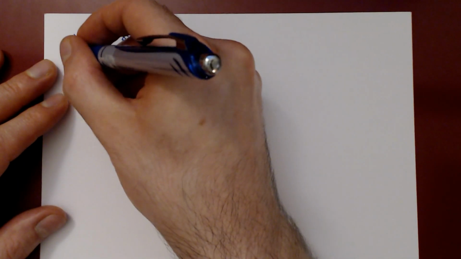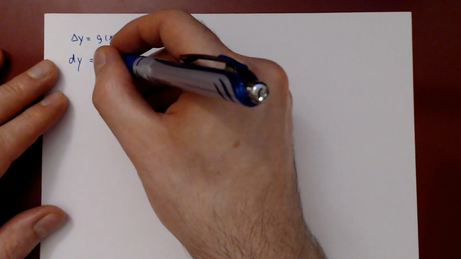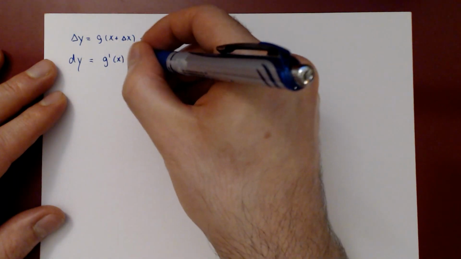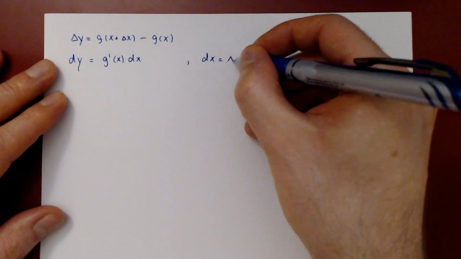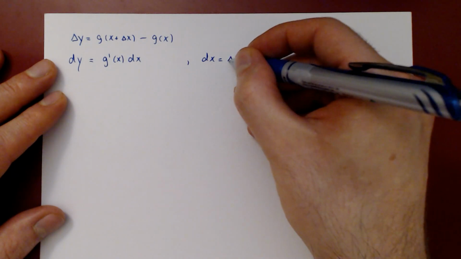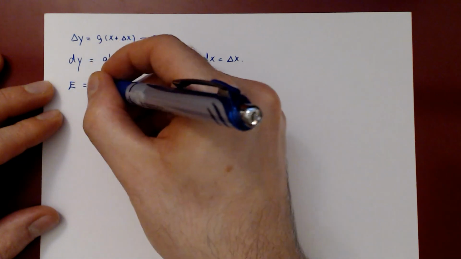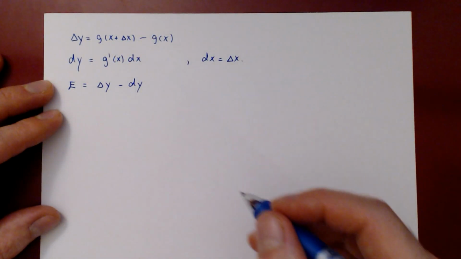Then we have the differential dy, which is the change along the tangent line given by the slope of the function at x times dx. Again, recall that dx equals delta x, since x is the independent variable. Then the error, of course, is the difference between the exact change and the approximation, the differential.